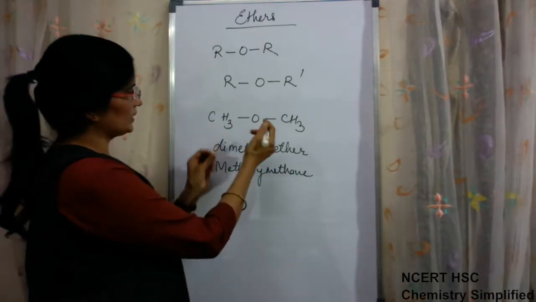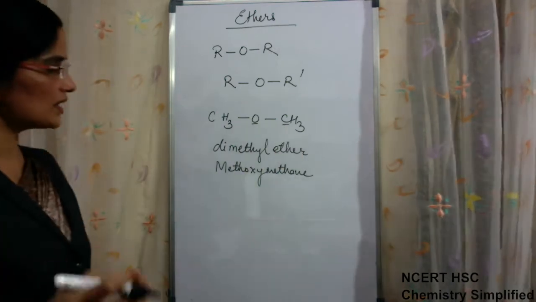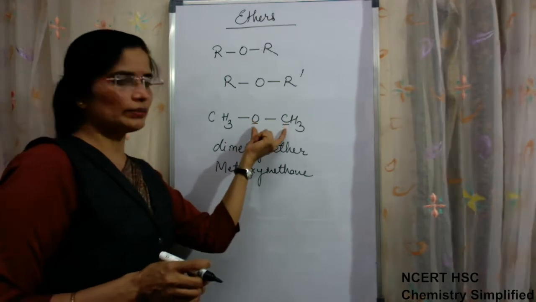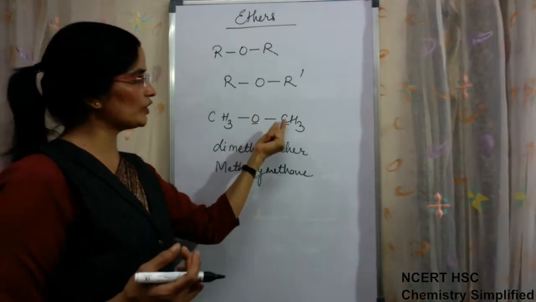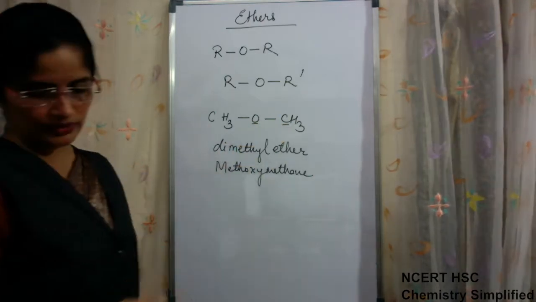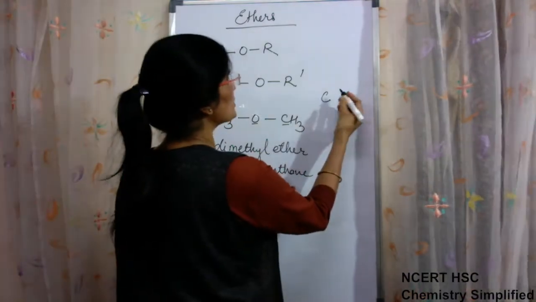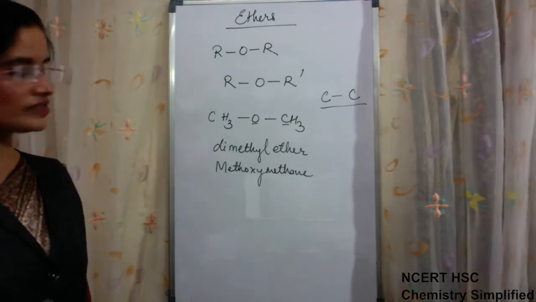Before that, just one thing: if we see the bond between O and C, there is some polarity. The bond is a little polar. The polarity of the bond depends on the difference in the electronegativity of the bonding atoms. In hydrocarbons, carbon is bonded to another carbon, so the polarity of the bond is very less.